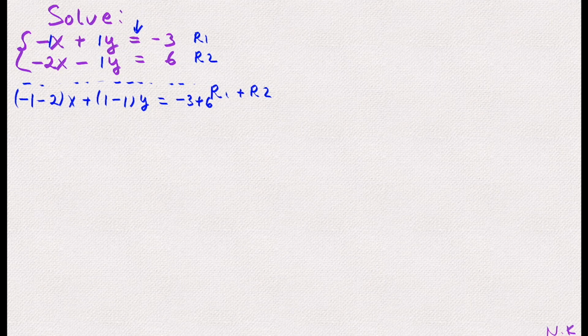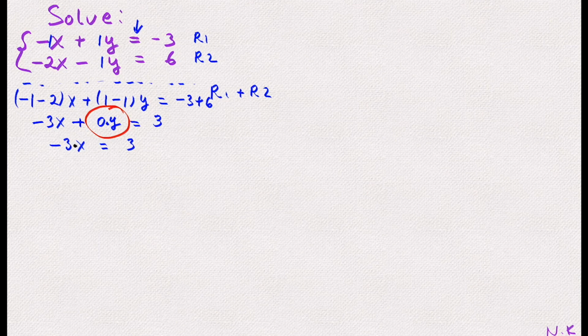Negative 1 plus 2 gives us positive... negative 1 minus 2, we have negative 3x plus 1 minus 1, 0y equals negative 3 plus 6, 3. So the whole goal was to have one of the coefficients equal to 0, because 0 times anything is 0, so the y variable will disappear. So we get negative 3x equals positive 3.